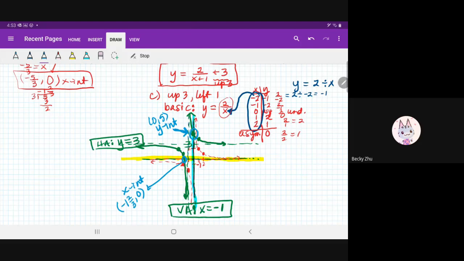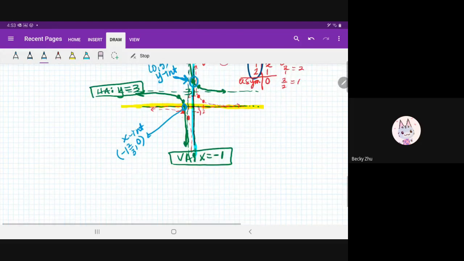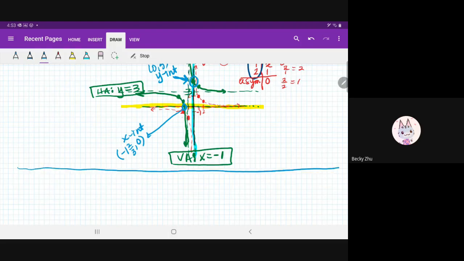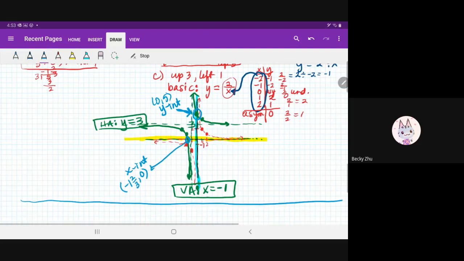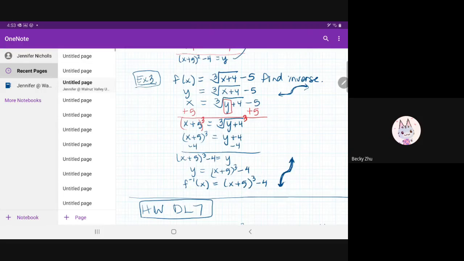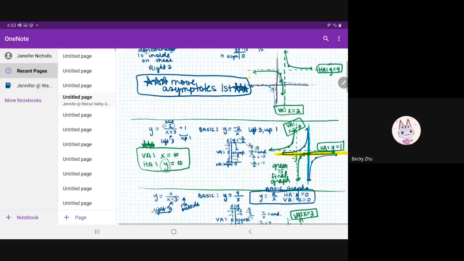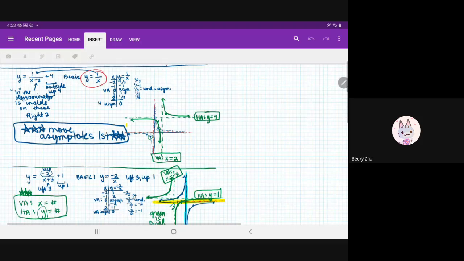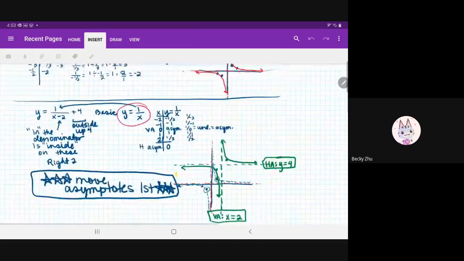Next, I would like to do one of the equations from the other day and find the intercepts only. And then that's when we'll be done. But I need to check back. So let me click back here. It was this one. So let me write down this equation.